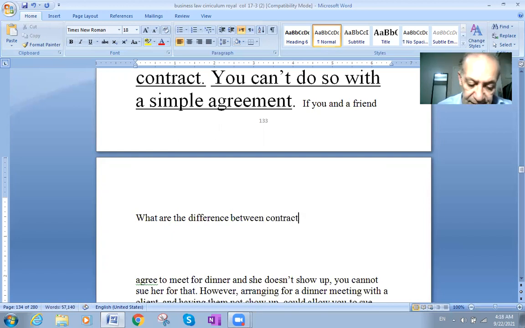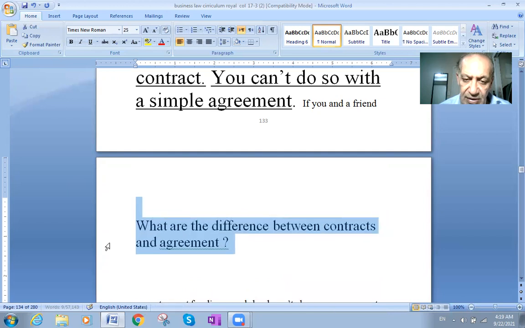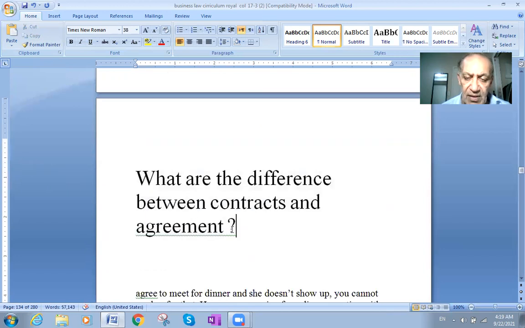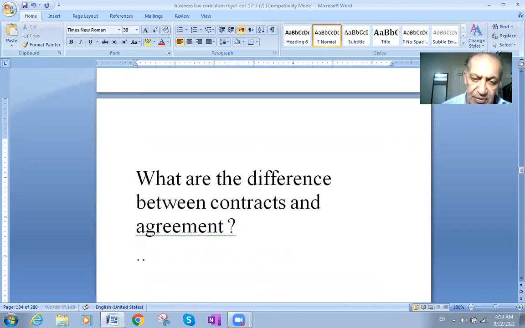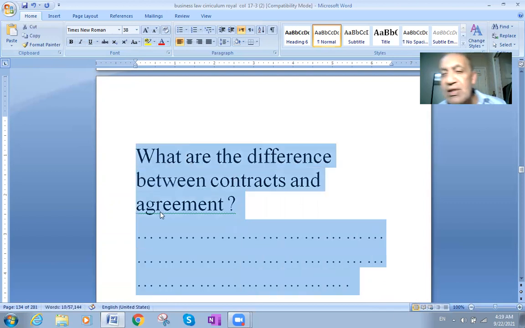What are the differences between contracts and agreements? So we can say like this, what are the differences between both of them? We can put the answer on the chat box.